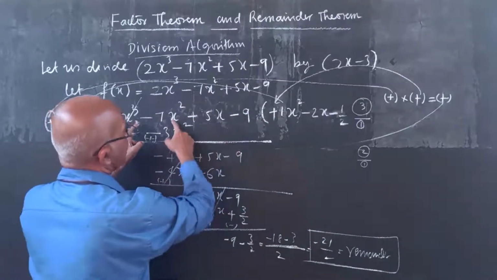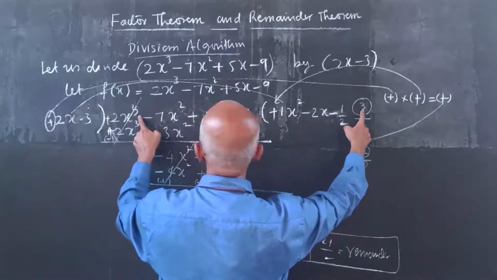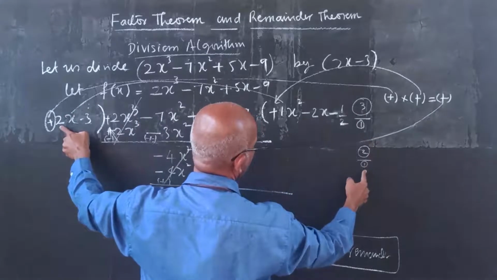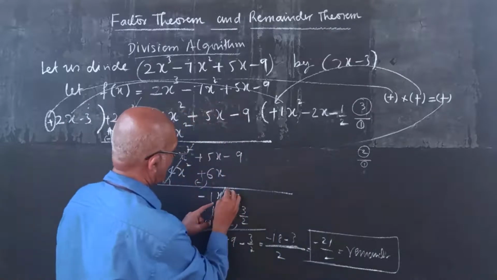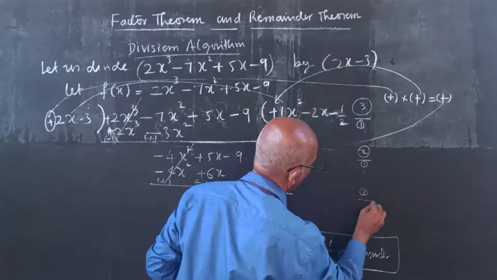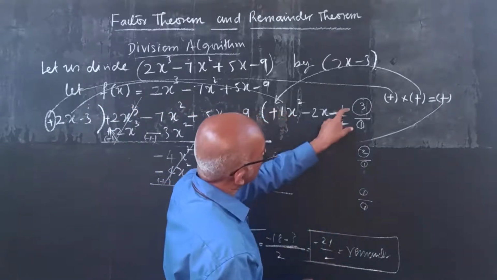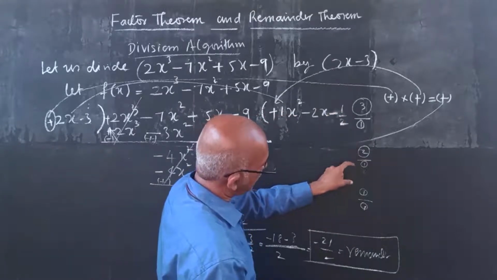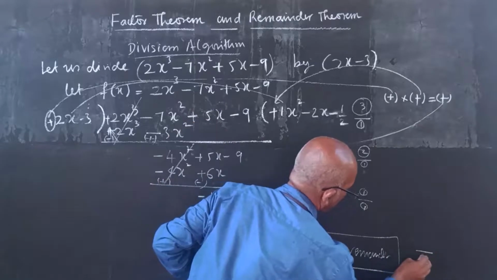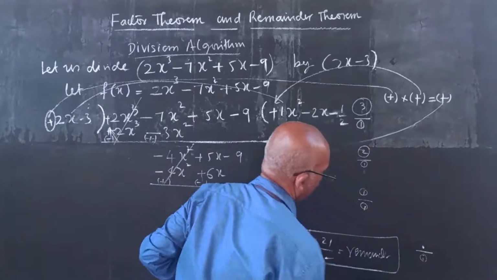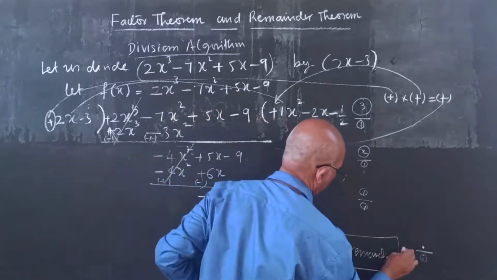Now, at this stage, the degree is 3 and the degree is 1 here. At this stage, the degree is 2 and the degree is 1. At this stage, the degrees are equal, degree 1. See, it is improper, this is improper, this is still improper. But here, it becomes proper. So here we have to stop.